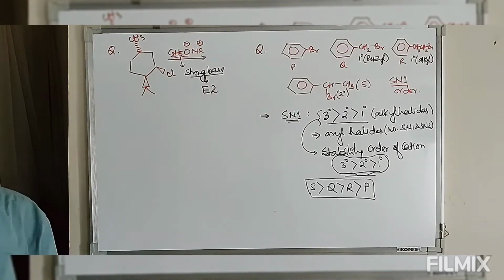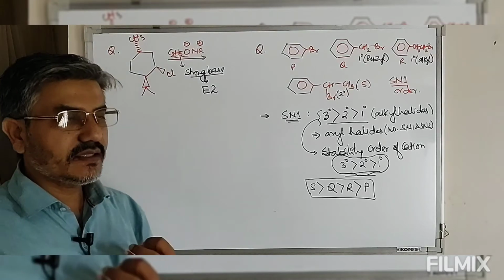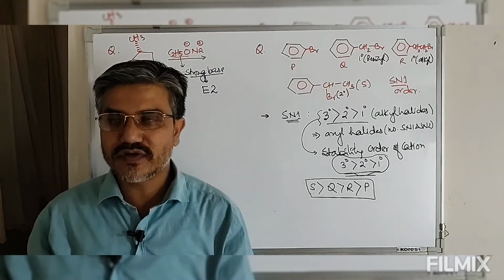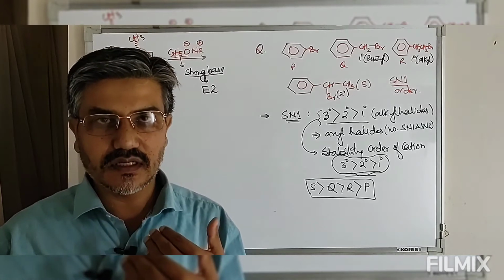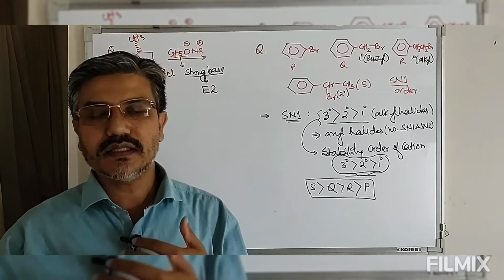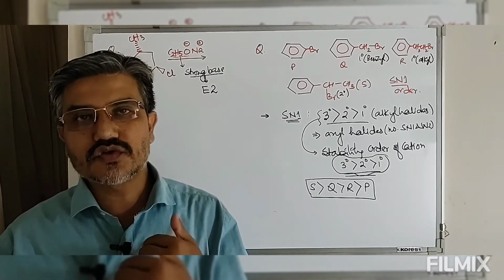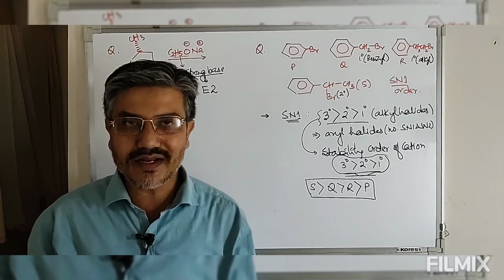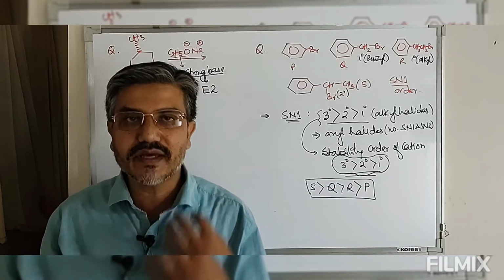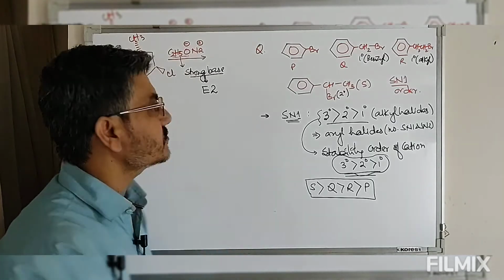Now, when we have this E2 pathway, the requirement is that the leaving groups, that means the beta hydrogen and the halogen, should be opposite, that is at a distance of 180 degrees, the anti-periplanar configuration.